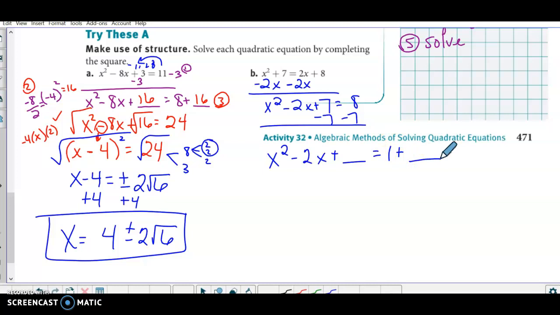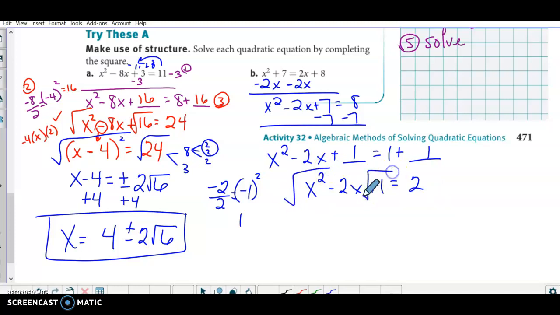Step 2, take b divided by 2. Negative 2 divided by 2 is negative 1, and square it is 1. That goes in my box. So I have x squared minus 2x plus 1 equals 2. Step 3, we collected the like terms already. Step 4, factor.